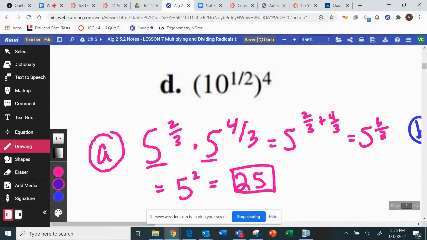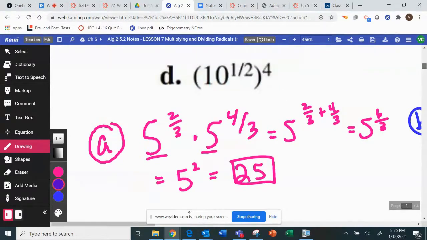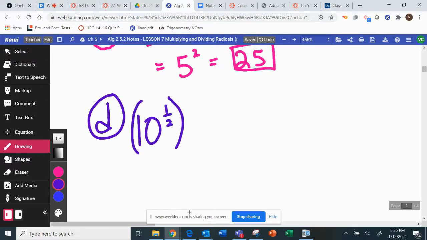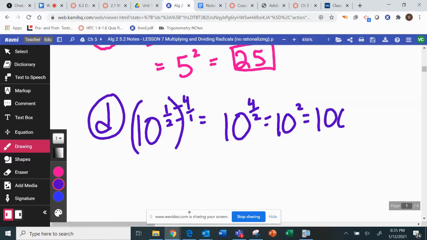All right, question D. 10 to the 1/2 to the 4th. Again, I'm going to multiply those exponents straight across. So I'm going to get 10 to the 4/2, which is 10 to the 2nd, which is 100.